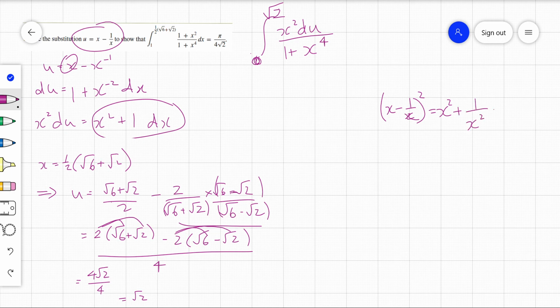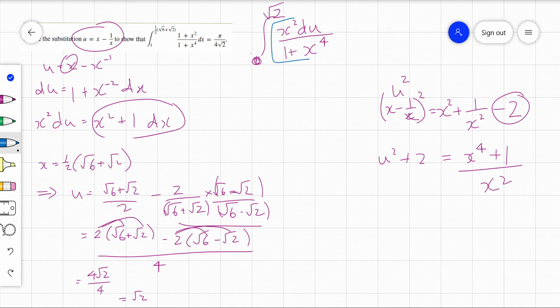Well, the product is 1, so double the product would be minus 2. So if I put that back as u squared, I'm going to get u squared plus 2 is equal to, I've just moved that over to the other side. If I make a common denominator here, I'm going to get x to the power of 4 plus 1 on x squared. And that is what we've got here, but the reciprocal.